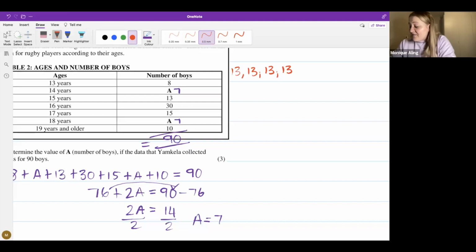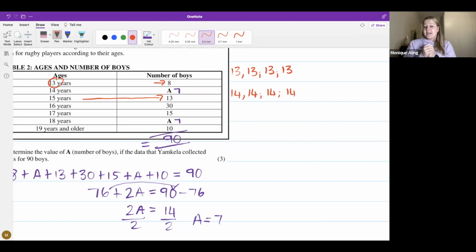Then there are 7 14-year-olds, so I'm going to write 14 7 times. We can already see that there's going to be more 13-year-olds because there's 8 of them compared to the 14-year-olds. But there are more 15-year-olds because there's 13 15-year-olds.